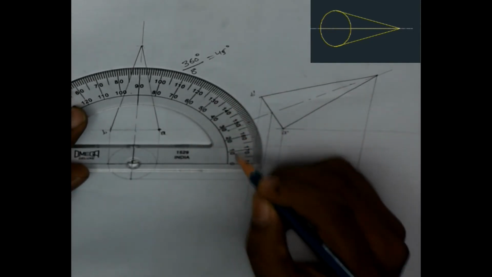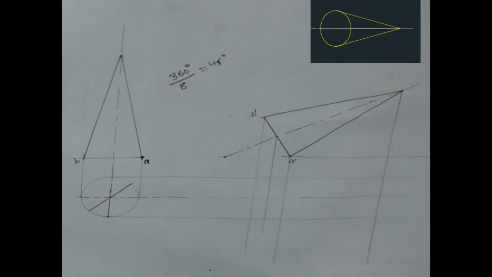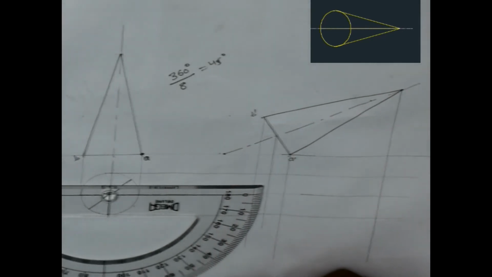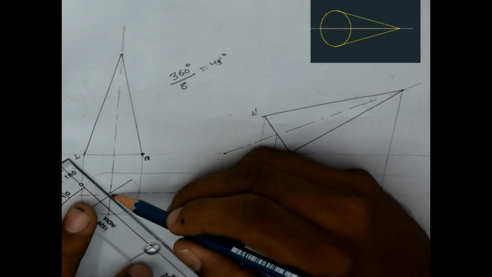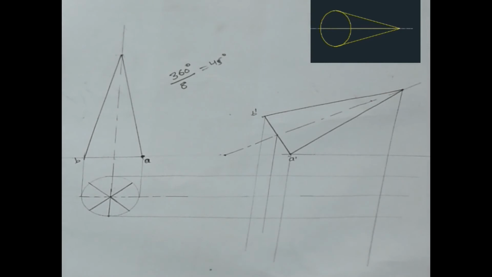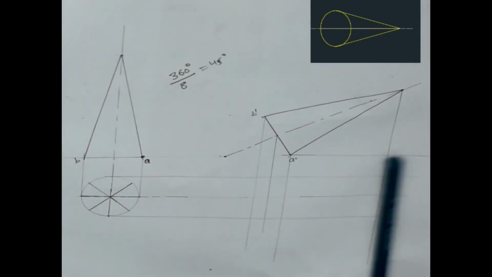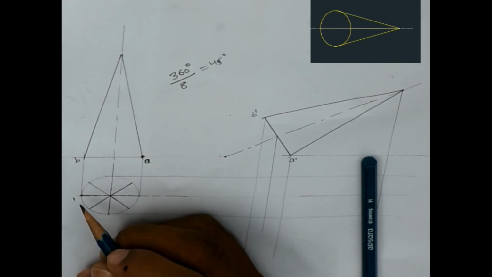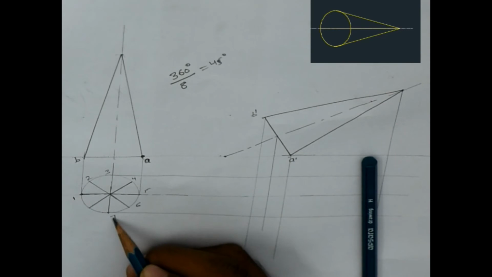This is 90, 10, 20, 30, 40, 45. Two, 3, 4, 5, 6, 7, 8.